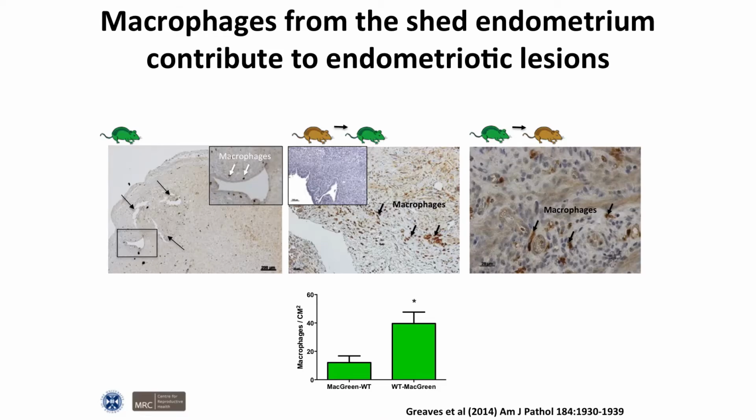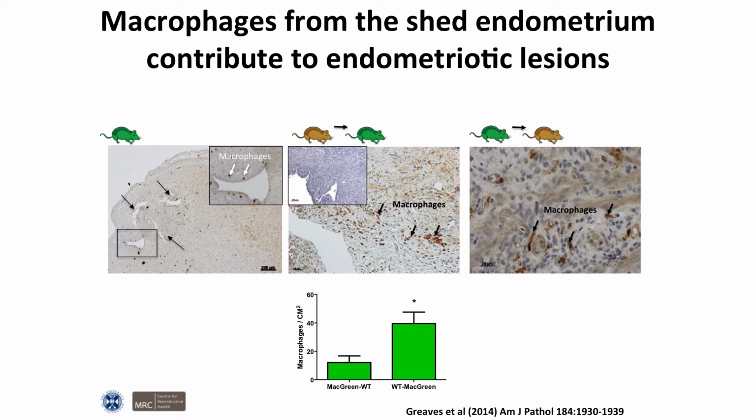This is a section of a donor uterus before we scrape out the material and inject it into the peritoneal cavity, and we find many macrophages present within the decidualized mass. When we transfer wild-type endometrium into Matt Green recipients, we find many GFP-positive macrophages within the lesions.